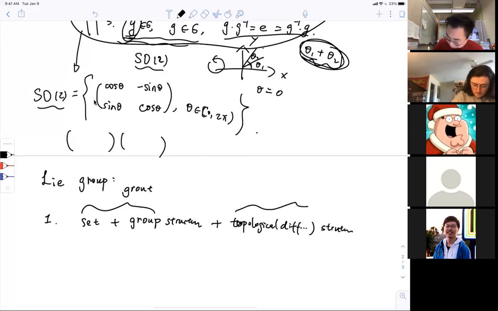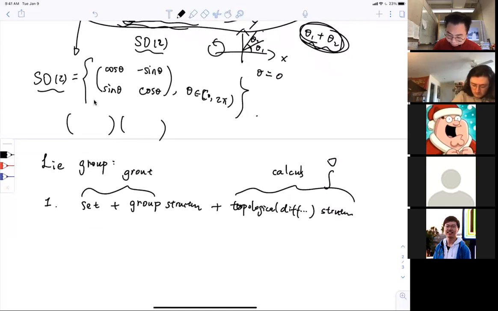This just tells us we can do calculus on this group. Basically, we can do differentiation and integration. I will explain what I mean by that.